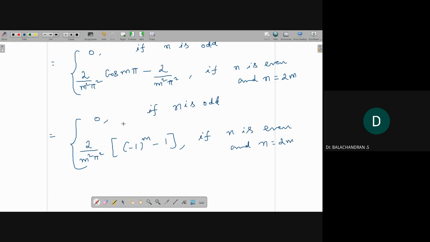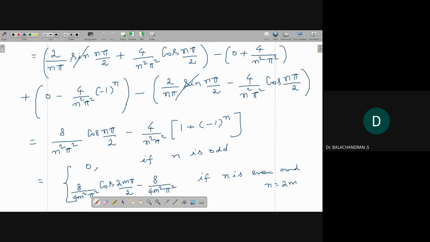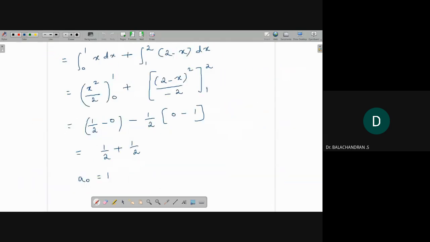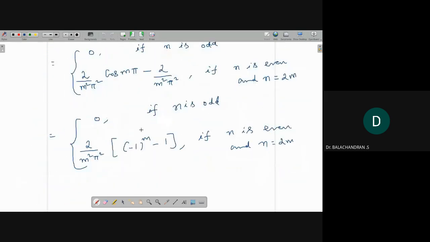So now we know that if n is odd, an is 0. Now, what about when m is odd or m is even? That is my next case.